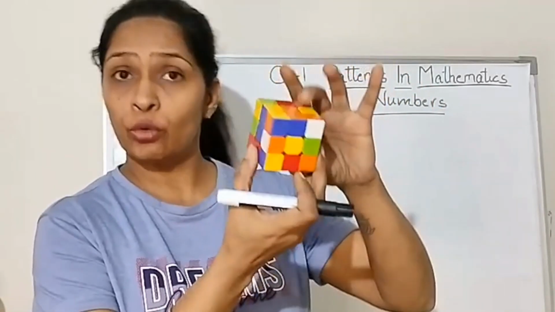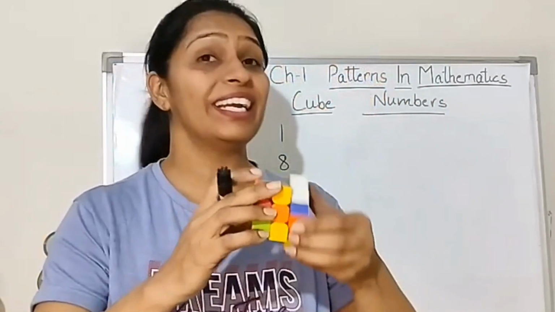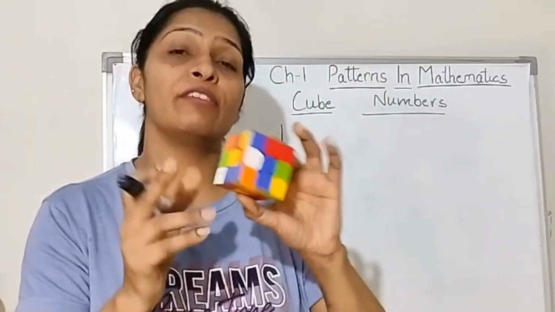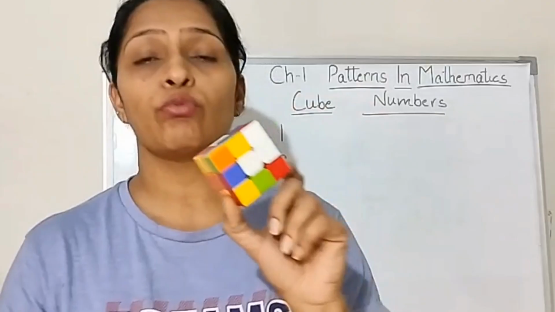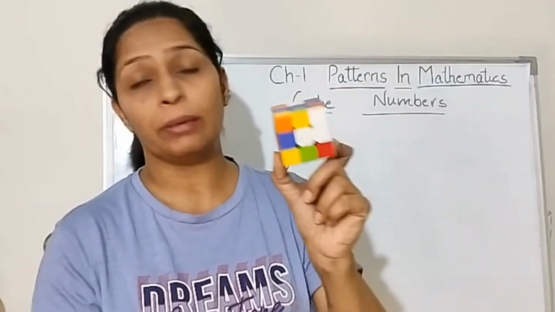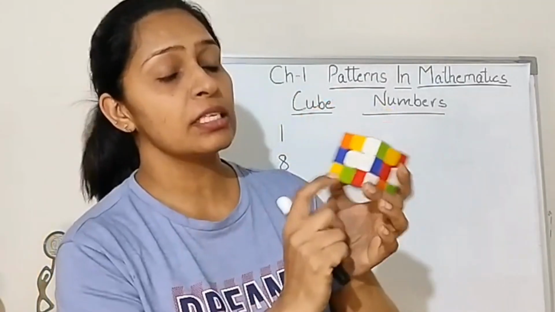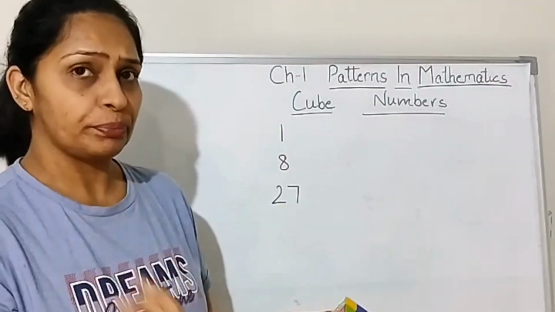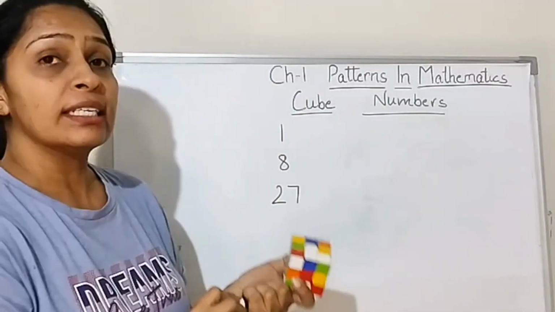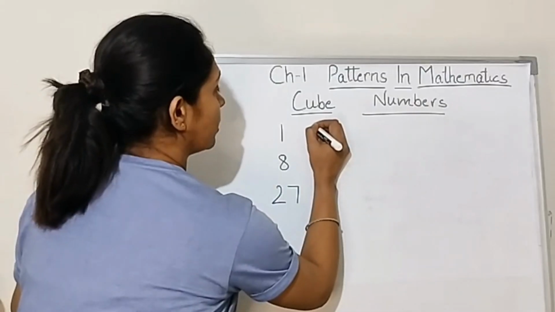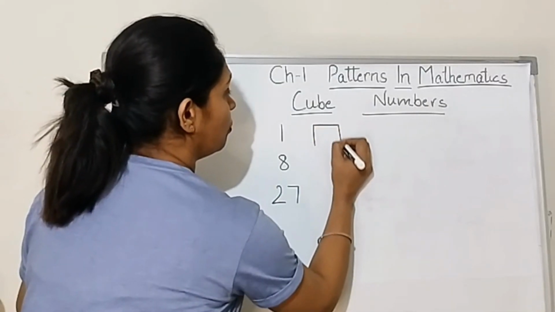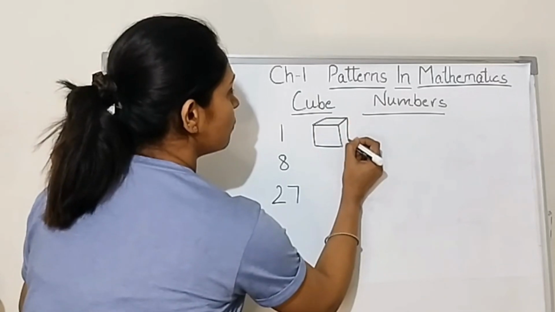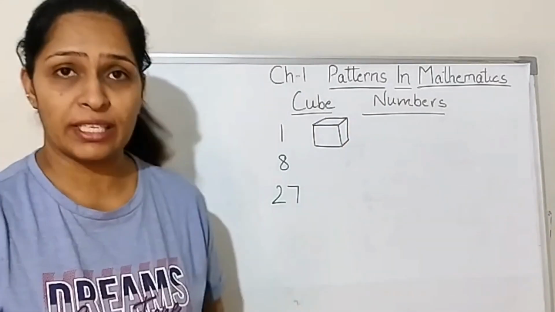So this is a Rubik's cube. I'm sure you have seen it, you have played, must have liked playing with it. And now you can see with a different perspective what it actually is. It's a cube number. If I have 1, the dimension of that particular cube is going to be like this. So we talk about three-dimensional spaces here.